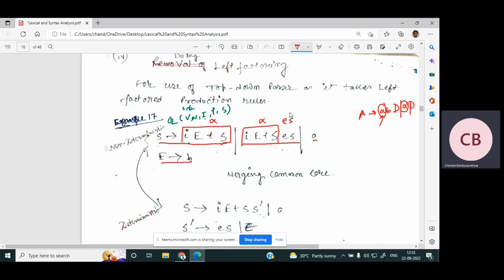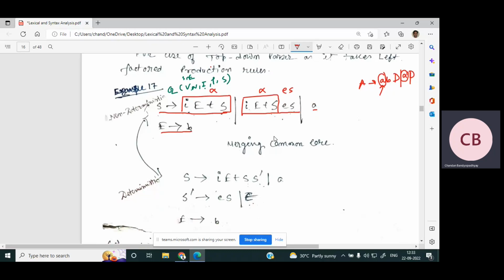So the compiler tells you to remove this ambiguous phenomenon and let it know with which production it should go. Only give a single production. Right? So how to make it a single production? This is a very simple thing. That S to iEtS and iEtSeS, so this alpha part is common. What we are doing here, we are keeping this alpha part common.